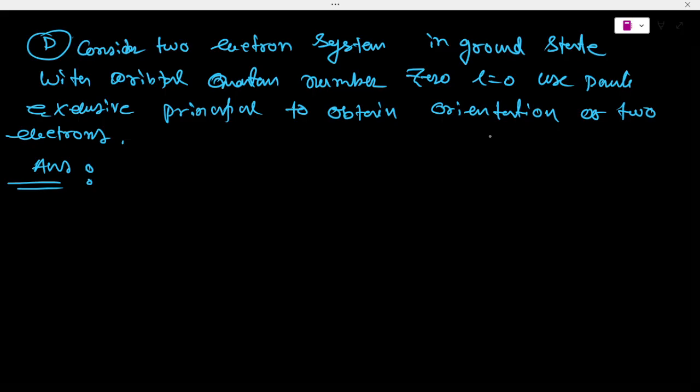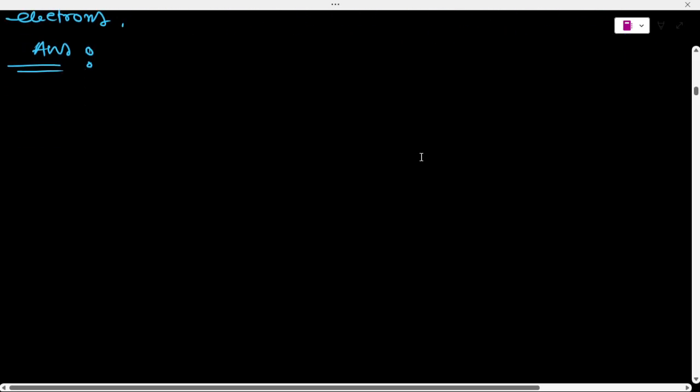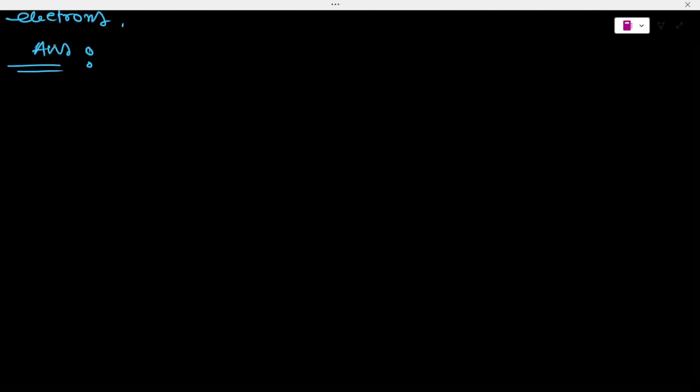Here the question is a system of two particles where L is already given equal to 0 for the two electron state. So for the first electron, n is equal to 1, L is equal to 0 and m is equal to 0, and s is spin half.